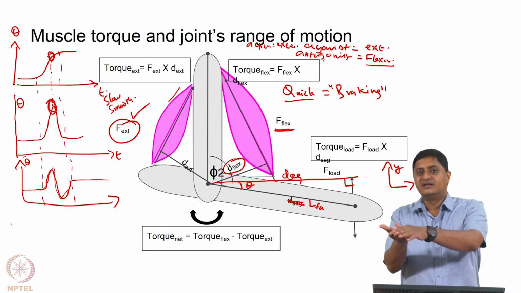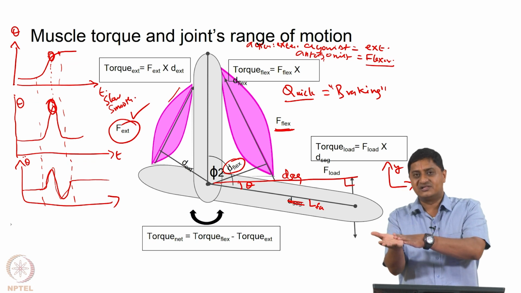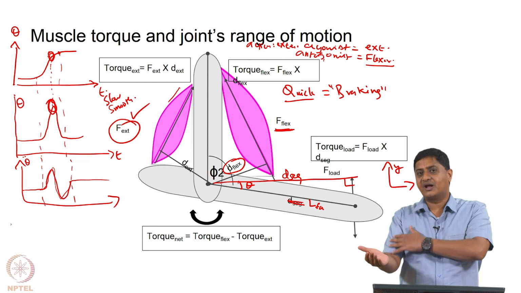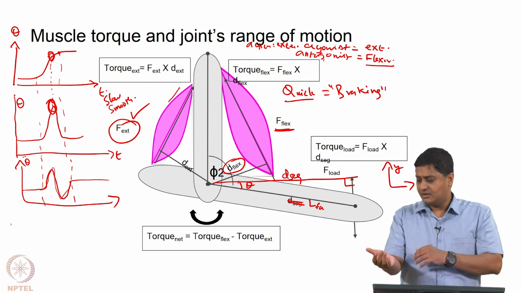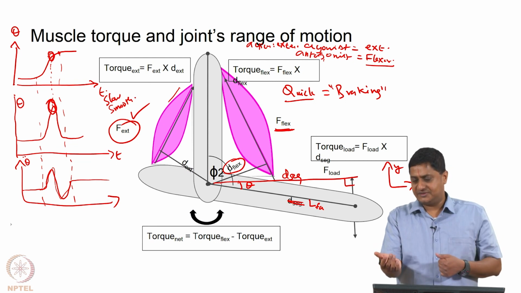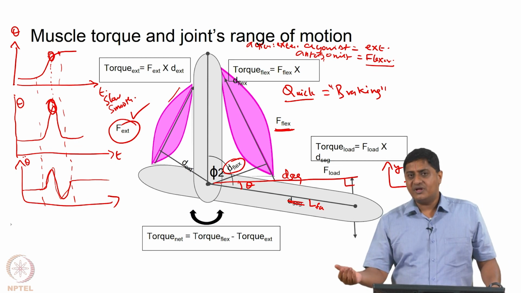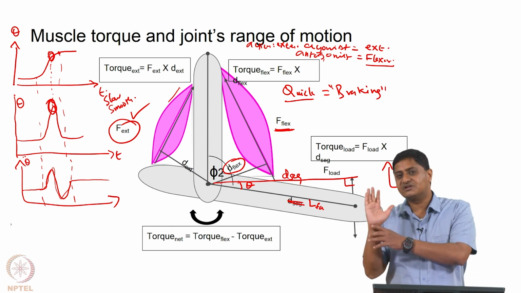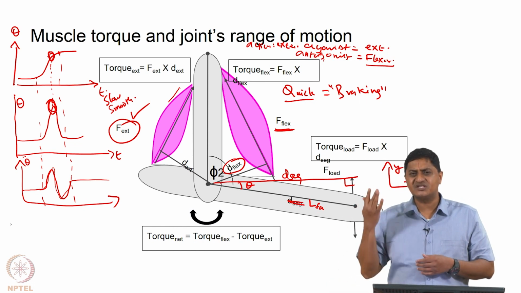So, that means the fingers and the hand are distal parts of the body, whereas the upper arm and the forearm are relatively proximal, right. Now, if I am making a relatively fast movement of the elbow, my wrist position remains approximately the same relative to the forearm when I produce fast movement of the elbow joint.